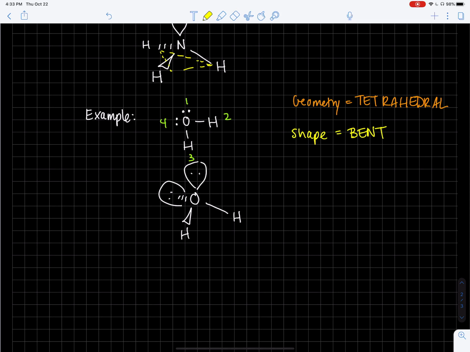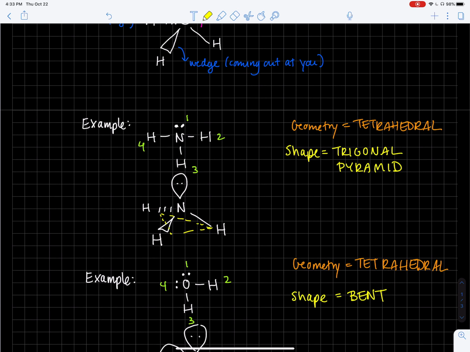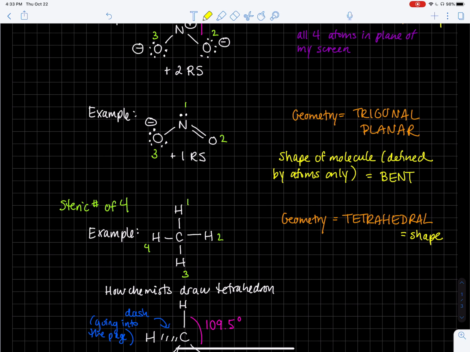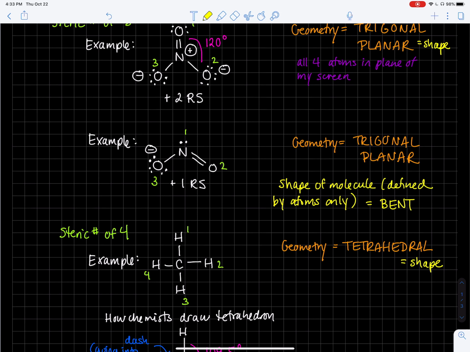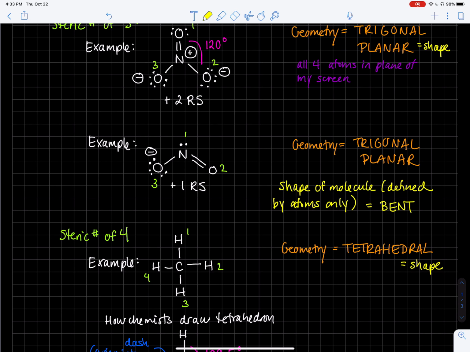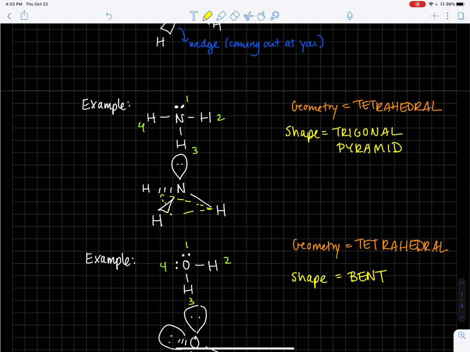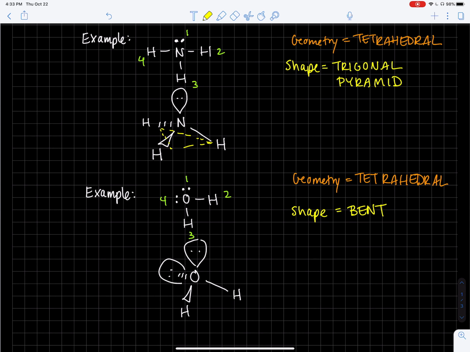And you might say, well, wait a minute, we had a shape that was bent way back with nitrite. That one was bent, and this one was bent based on a trigonal planar geometry. And so, as I said, the angle there is actually not quite 120 degrees because of the lone pair, but it's close. This angle is also not quite 109.5 degrees, but it's close to that.